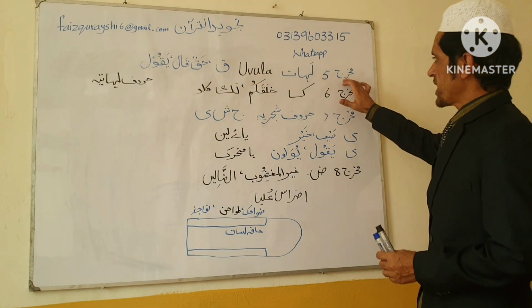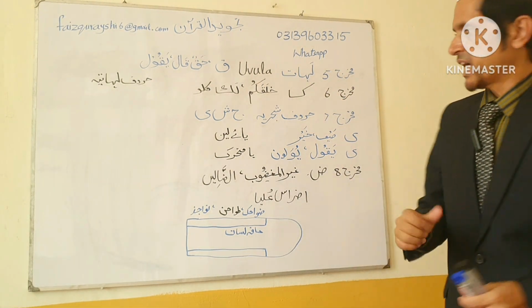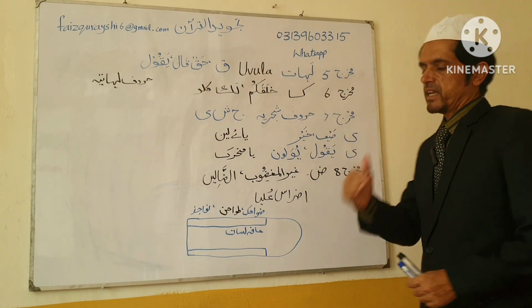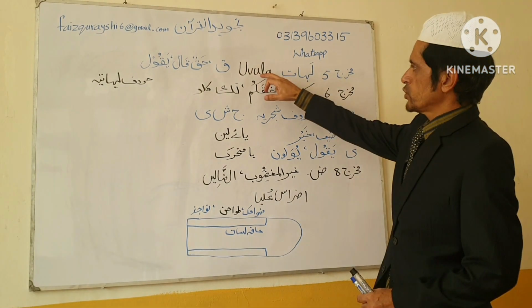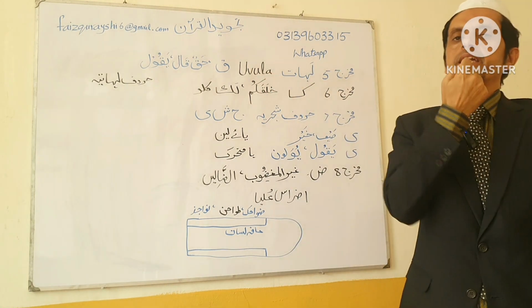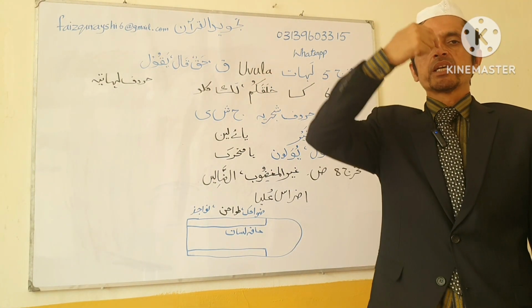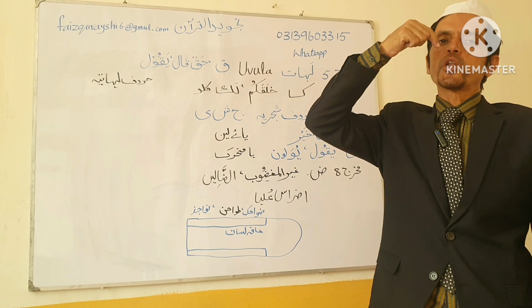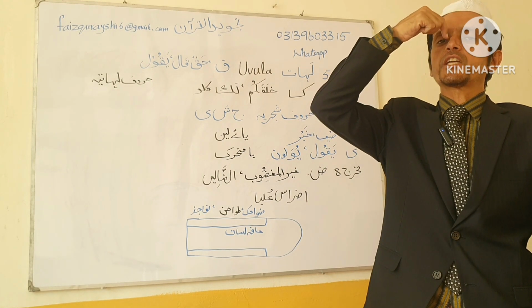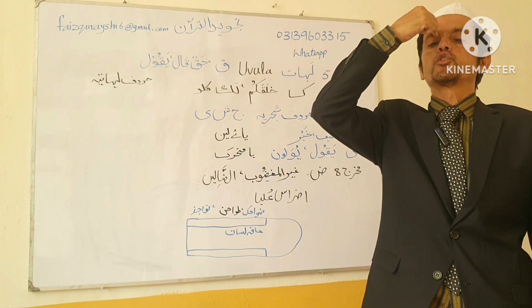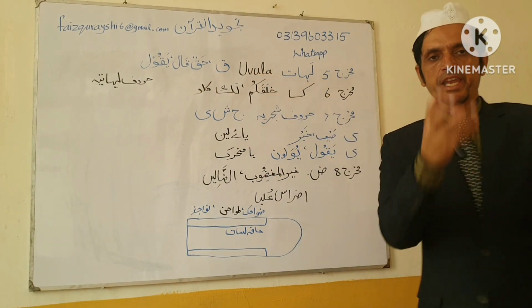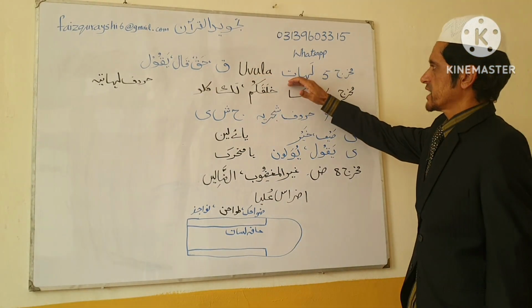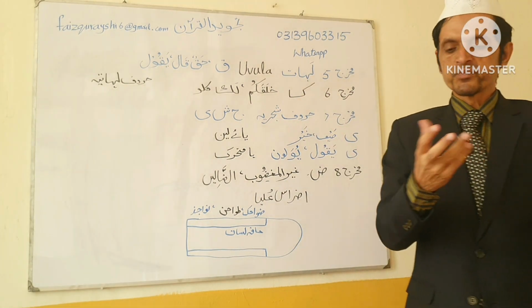And Makhraj number 5 I'll teach you, that is Lahat. Here inside your mouth, there is a small piece of flesh hanging in your throat, that is called uvula in English, and in Arabic that is called lahat.